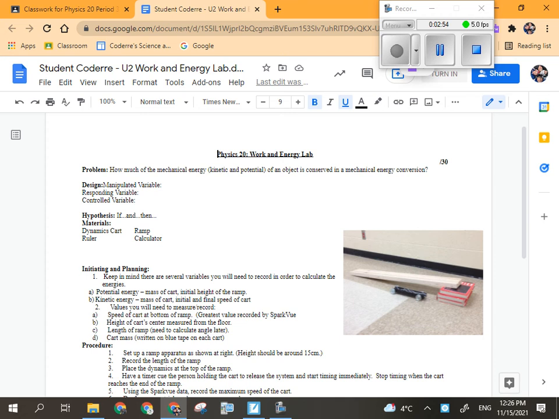We're doing something to give that cart its initial gravitational potential energy, and then we're comparing its kinetic energy at the bottom. Its kinetic energy at the bottom is dependent on, or responds to, the amount of gravitational potential energy that it was manipulated to have earlier. Some of you got that.